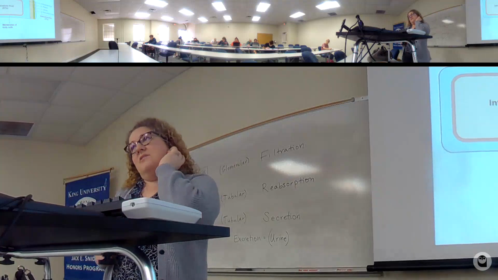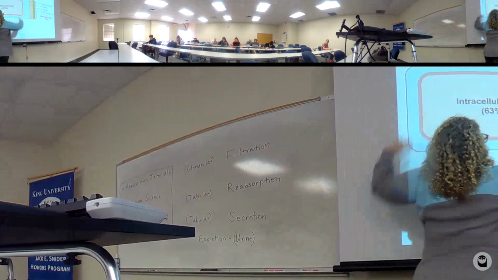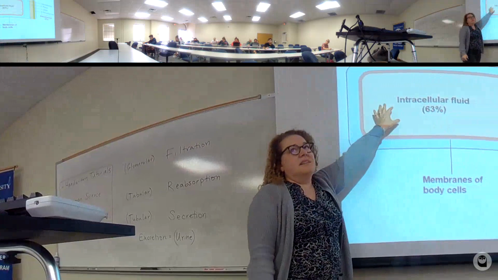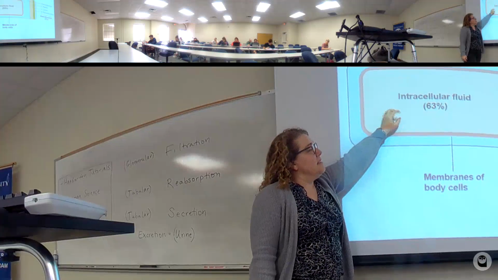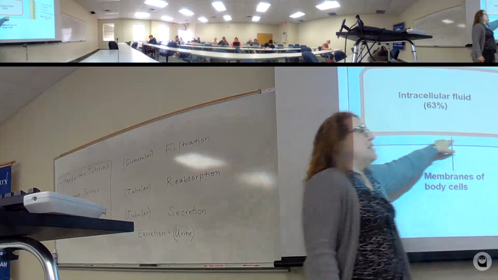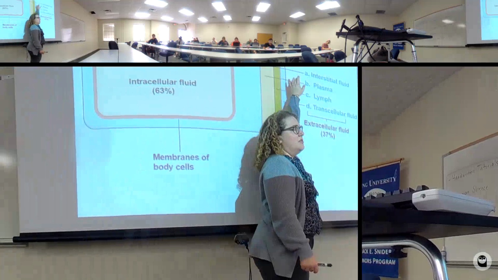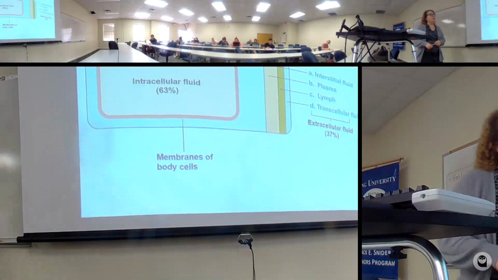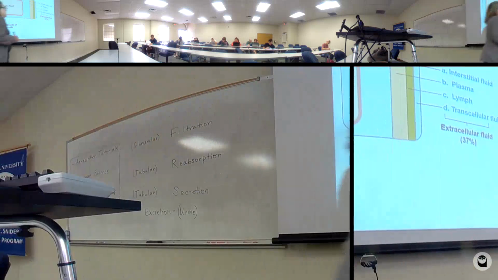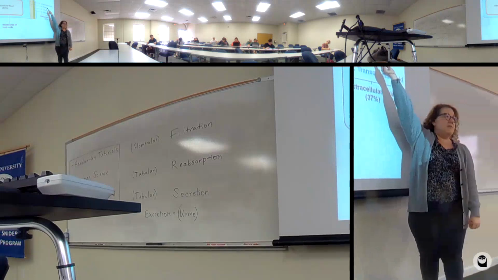This graphic is showing it in a different way. This represents all the water in the body. 63% is inside cells. That's this. The rest of it is outside cells, but we can divide the outside-the-cells part into different subcategories, and those are listed in the blue. So we've got plasma. We know what that is.